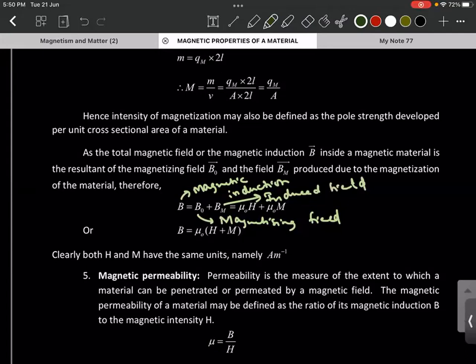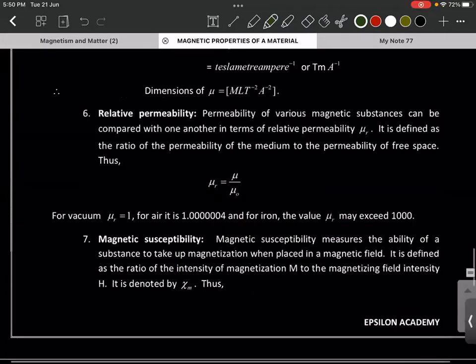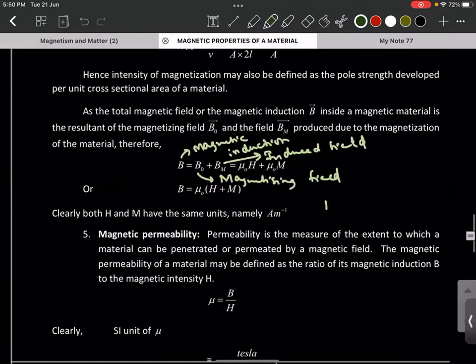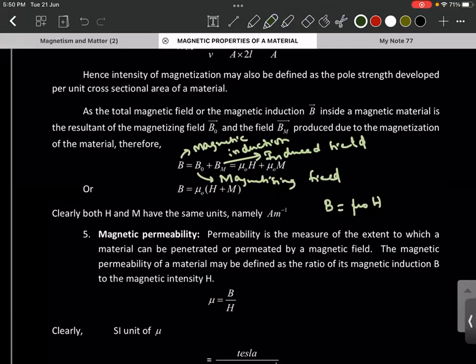Then you can write B equal to mu naught into capital H, which is the value for the magnetizing field, plus mu naught into capital M, which is the induced field. So magnetic induction can be written as mu naught into (H plus M).